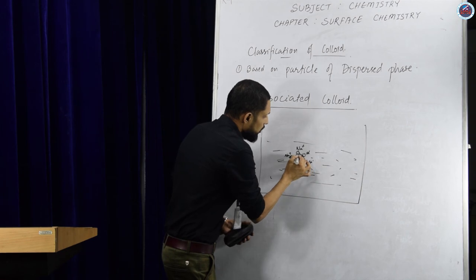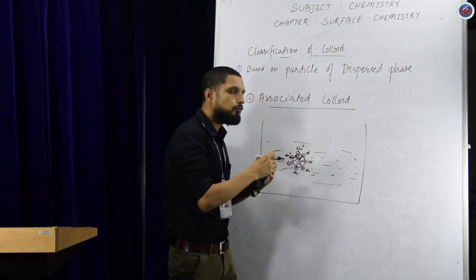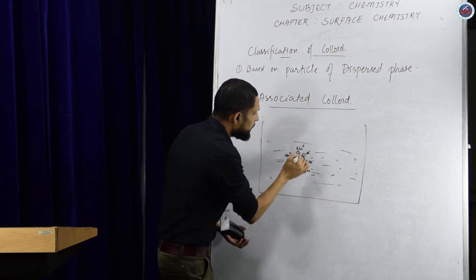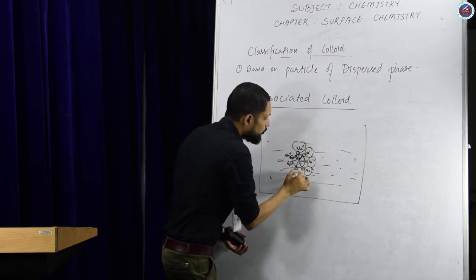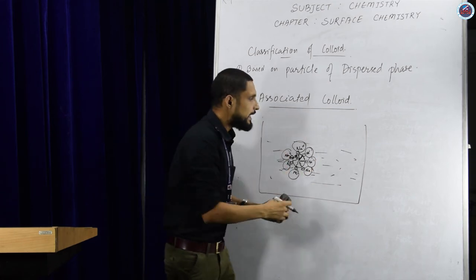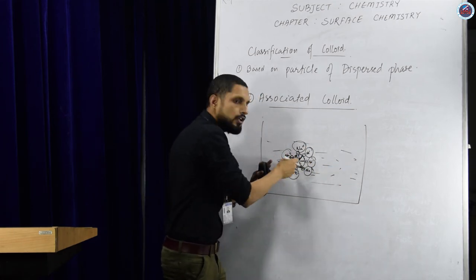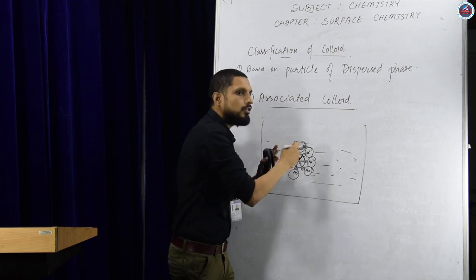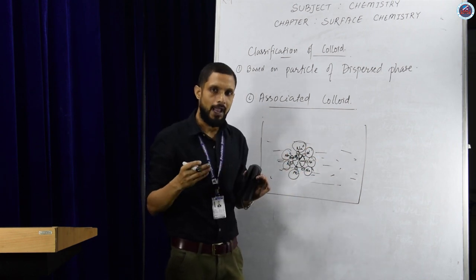Now, this micelle, the particle formed here, cannot form an aggregate. The reason being, the positively charged sodium, which is suspended in the water, will repel the incoming particle, the particle which comes closer to this particle. So there is no possibility for the formation of an aggregate.